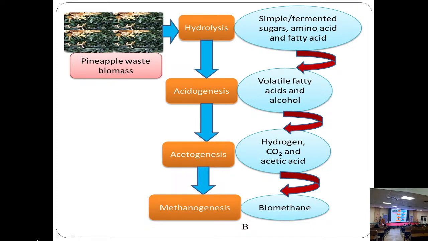This pineapple biomass has huge scope and is converted through all these steps, and finally we get the biomethane part. As biomethane is combined with hydrogen, it also leads to the production of biohydrogen.